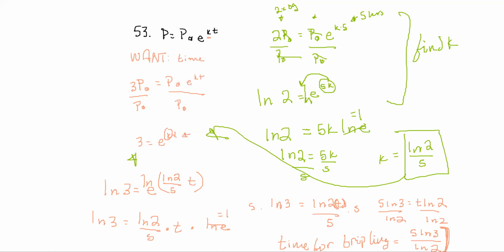Where are our natural logarithm rules? Sorry, I'm just going to make sure that I do it right. So, okay, so we are going to look at dividing. Is there a logarithm rule that we can use here?